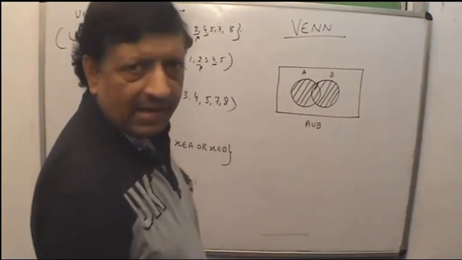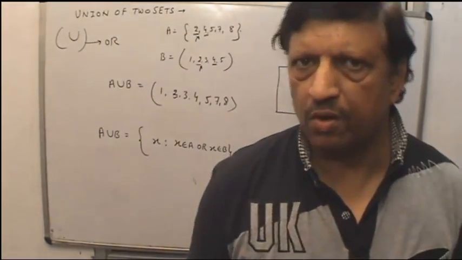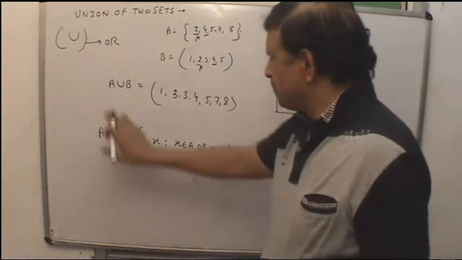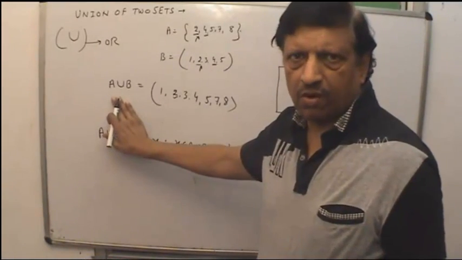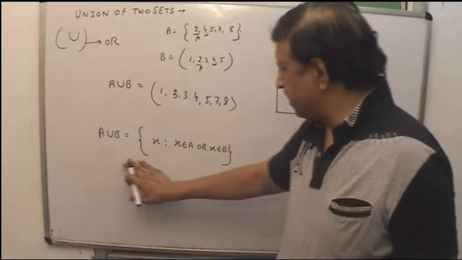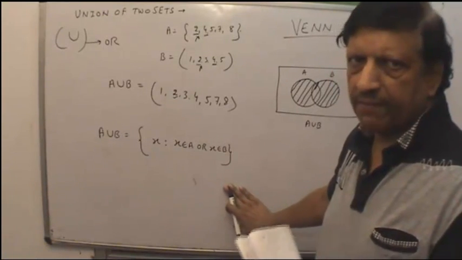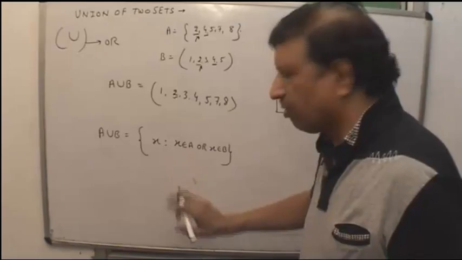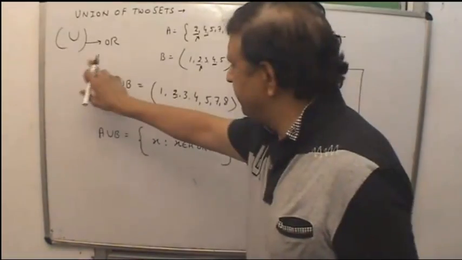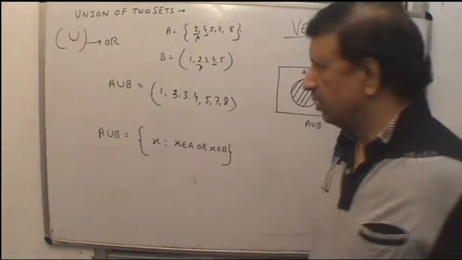It is a Venn diagram for the union of two sets. It is the roster form or the tabular form, and it is the set builder form. We only have to remember that in our general language, union means or.